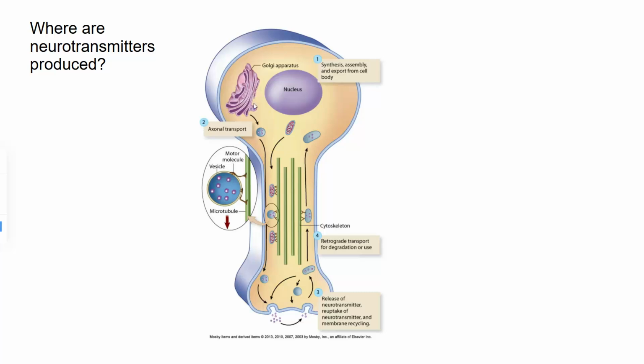Then they're packaged in vesicles. They attach to the cytoskeleton and are transported down the axon all the way to the axon terminals. Here, they're going to be snagged and stored. When an action potential enters, a series of events takes place to release those neurotransmitters from the end.